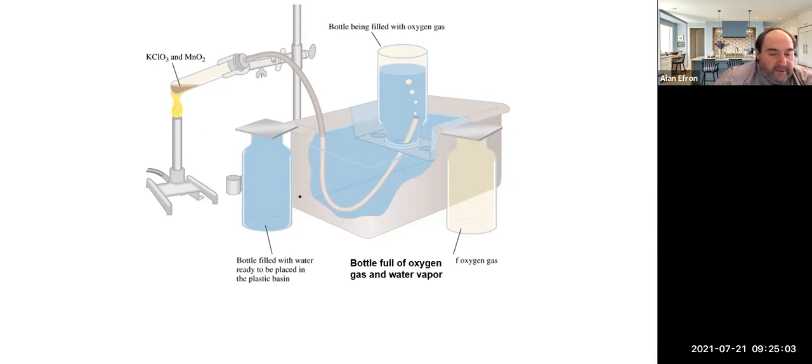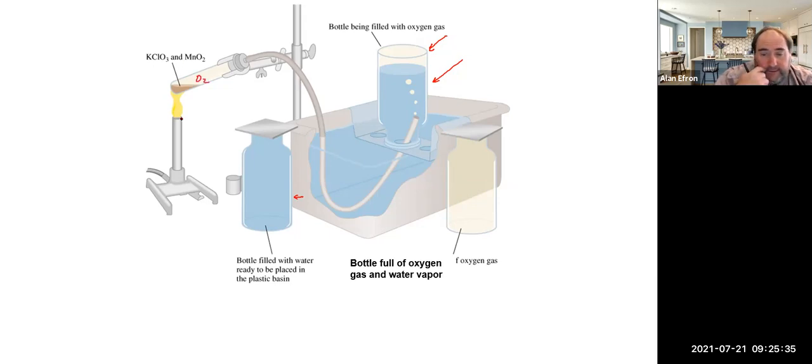We start out with a glass fully filled with water, covered, then dumped upside down in this bucket of water in this trough. We put the tube into the water container. When this started, it was completely filled with water, no air in there. As we heat, this is going to generate some oxygen gas, some O2 gas.